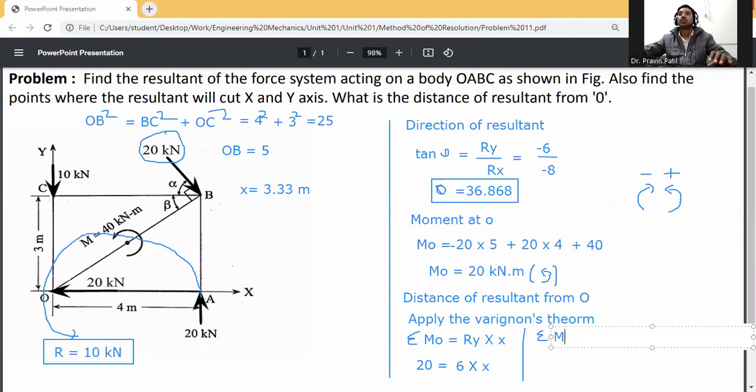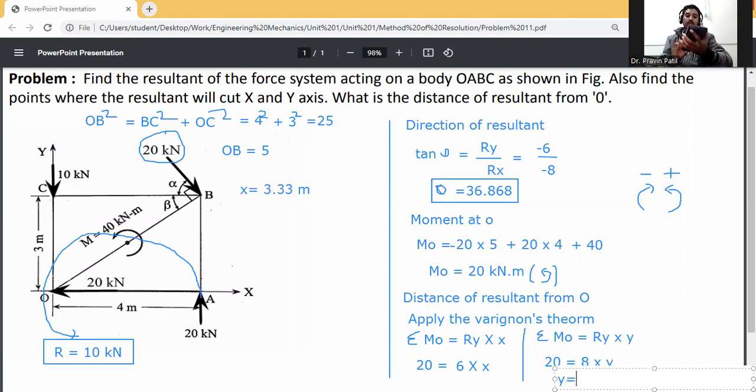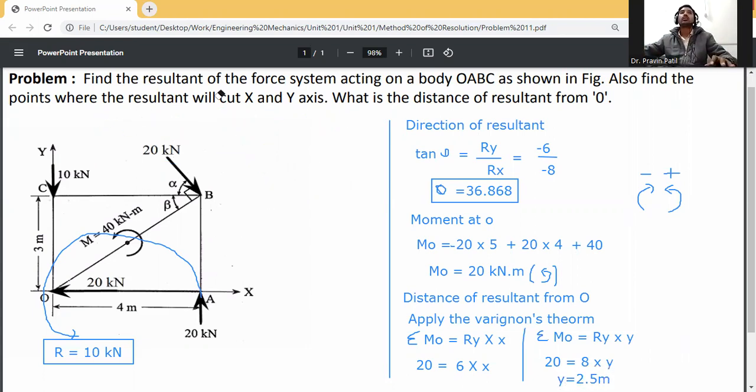Summation of MO is equal to Ry into Y. The summation of MO is 20, and Ry is 8, so 20 is equal to 8 into Y. So Y is equal to 20 by 8, which is 2.5 meter.